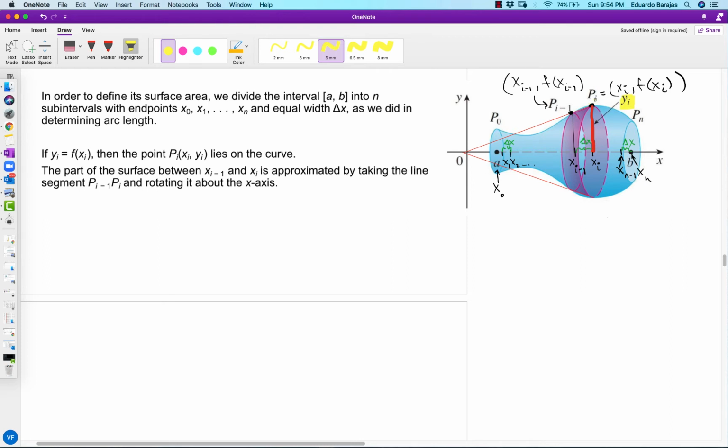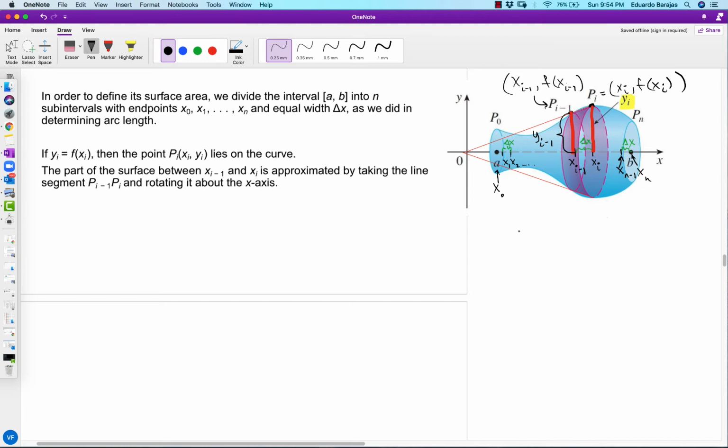And then likewise, over here on this side, we can think of this height here as height y sub i minus 1.